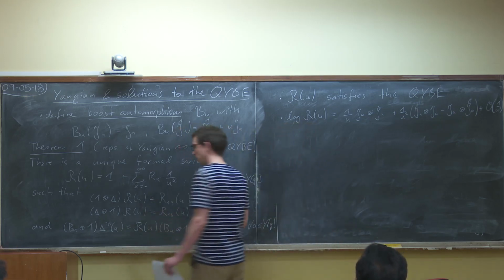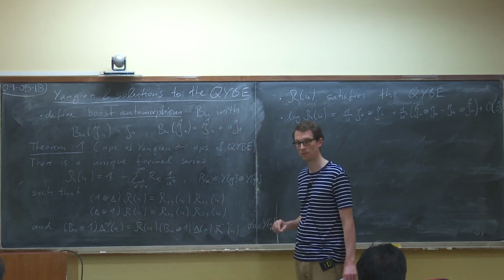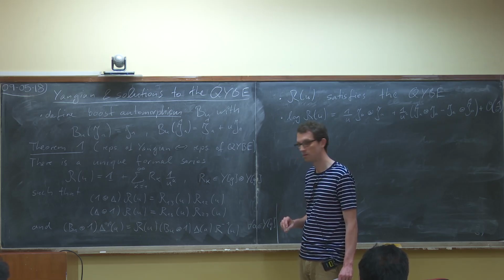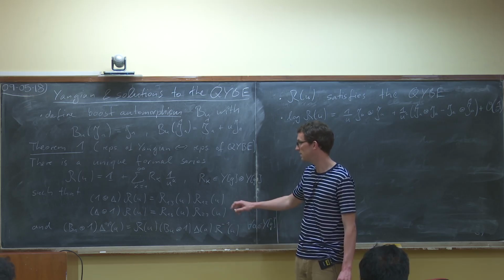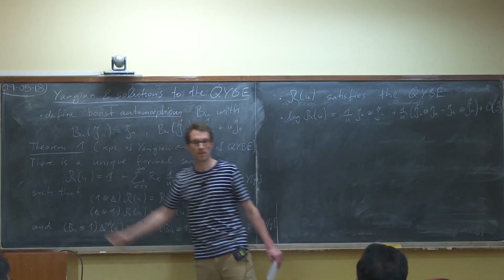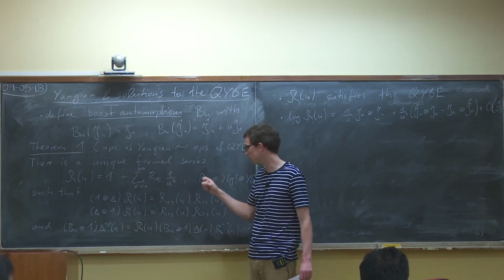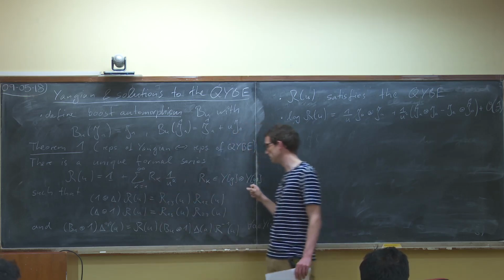Okay, and what are the different properties of R_k? Here I'm just using R_k to write formally this expansion and to tell you that these elements live in this algebra.